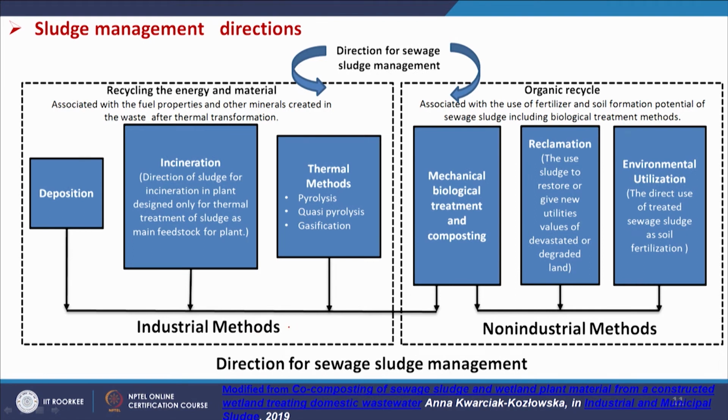So, now we will see some sludge management directions. We may get the sludge from different sources, and we can process it through industrial methods, and we can process it through non-industrial methods as well. In the industrial method, we can go for recycling the energy and material that is associated with the fuel properties and other minerals created in waste after thermal transformation, basically incineration, pyrolysis, gasification, etc. And we can also have some deposition, and then another option, that is organic recycling.